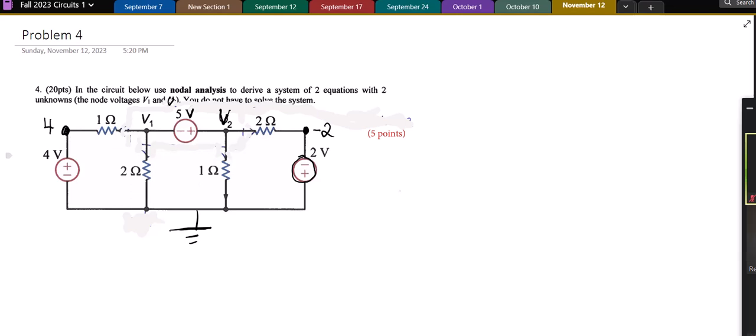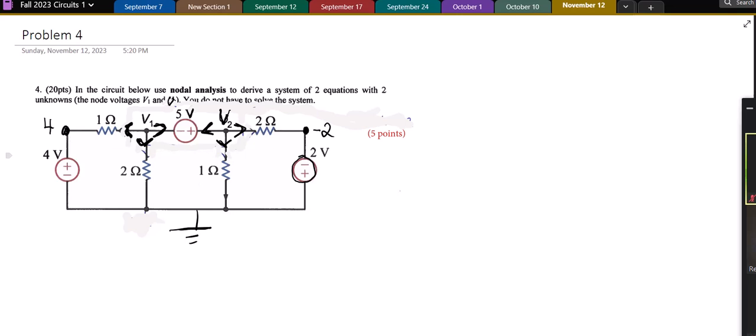Then you want to look at each node, and you want to look at the currents coming out of that node, in every direction coming out of that node. And here, when we draw that, we notice that between V1 and V2 all there is is a voltage source.